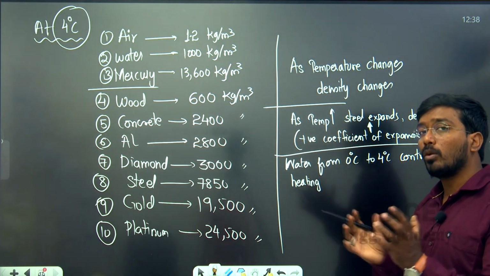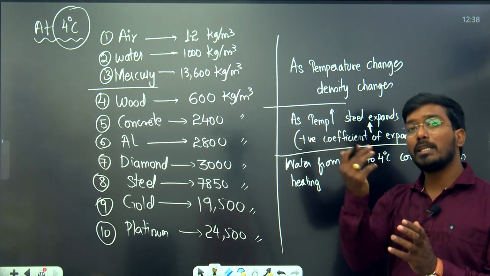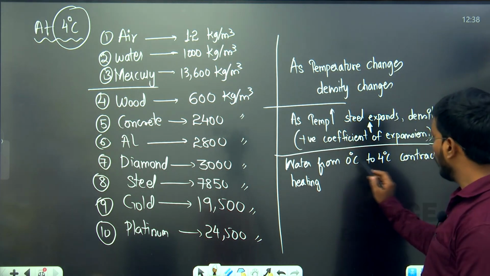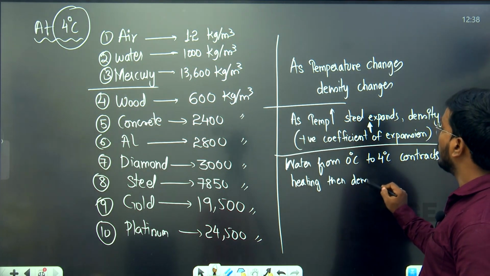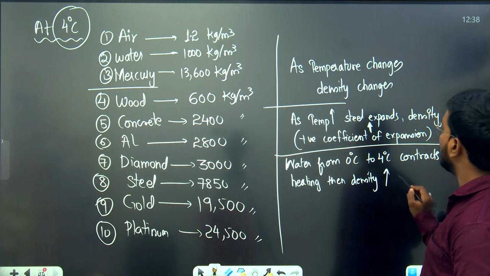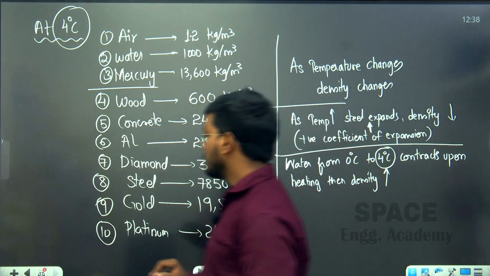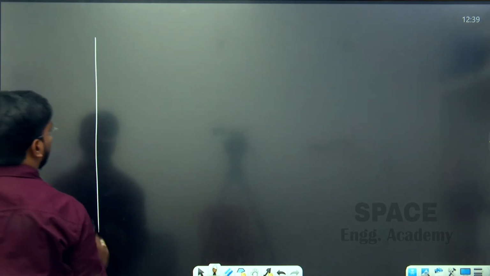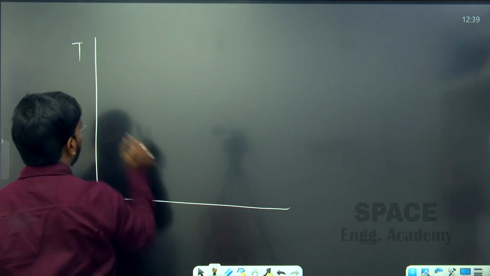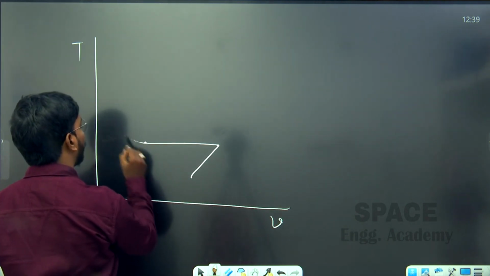When molecules come closer to each other, its density increases. Okay, 0 to 4 degrees Celsius, density increases. That's why we are discussing this 4 degrees Celsius. If you want to see a standard diagram, let me give it to you. This is temperature, this is specific volume. This is the diagram that we need to know.